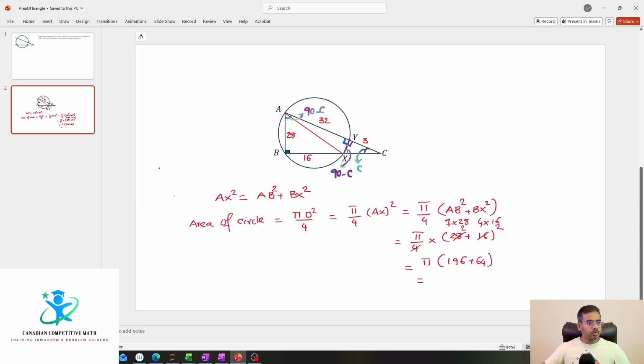This will be 260 pi. So area equal to 260 pi. You can leave it there.